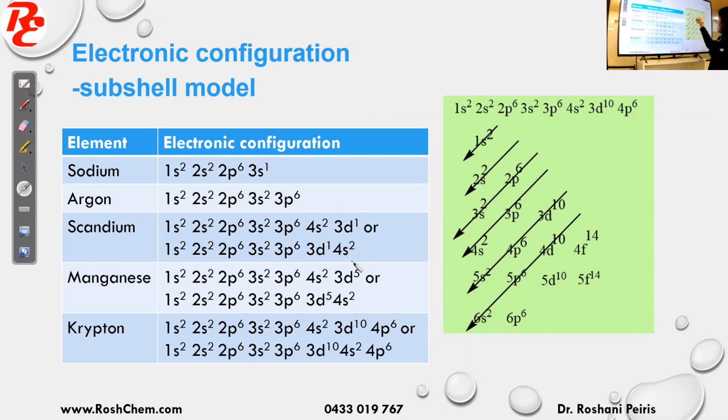Manganese is 25. So how do we do 25? 1s2, 2s2, 2p6, 3s2, 3p6, 4s2. Up to here, it's 20 electrons. After that, 3d5, because you want to make it 25. So you end up with 4s2, 3d5. To get an order, I can first write 3d5, then 4s2. Both ways are correct.